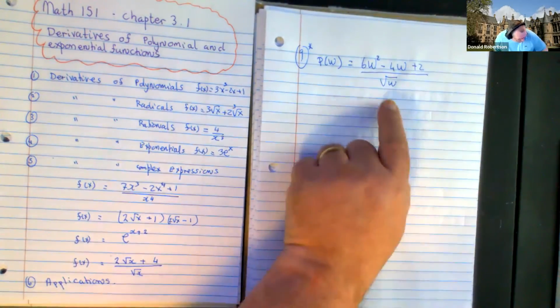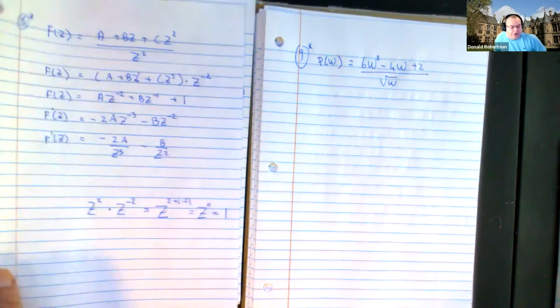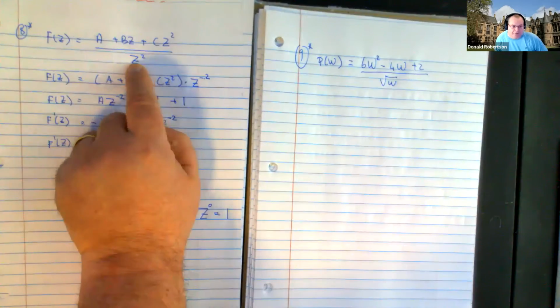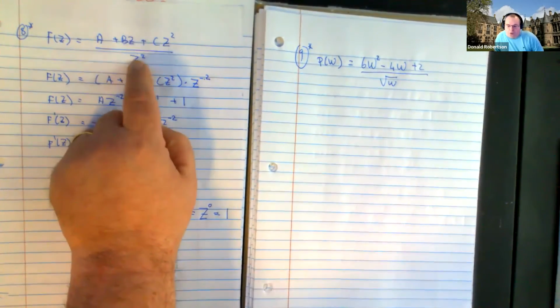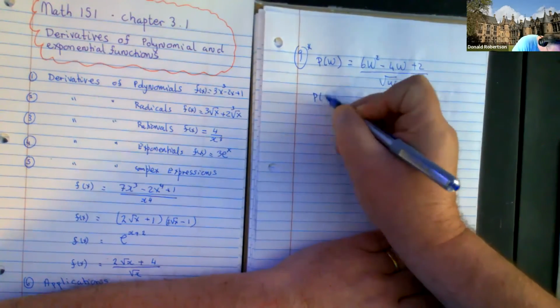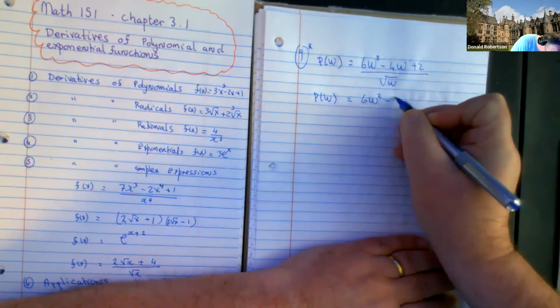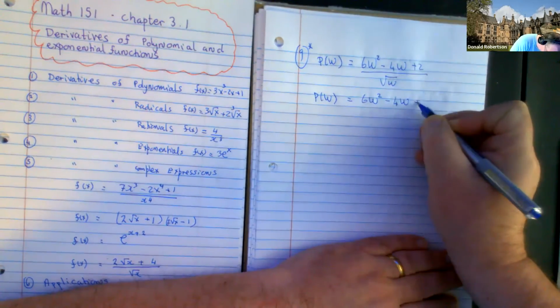When the guy on the bottom is a single power, so it's just z squared, not 3z squared or 5z squared, or it's just the square root of w as it is here, then I tend to do it the first way. So that's going to be 6w squared, 4w plus 2.